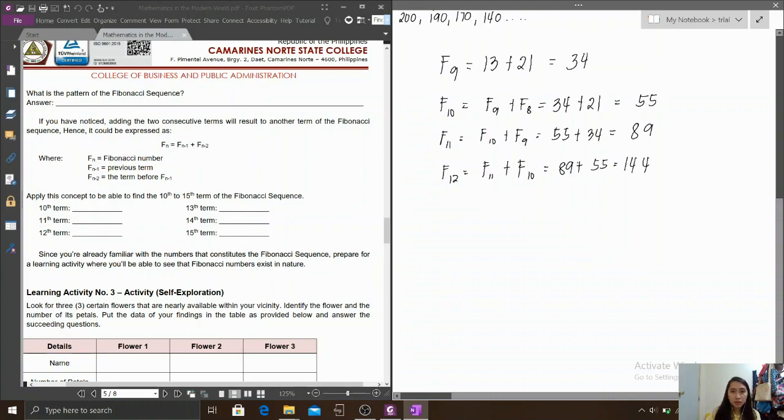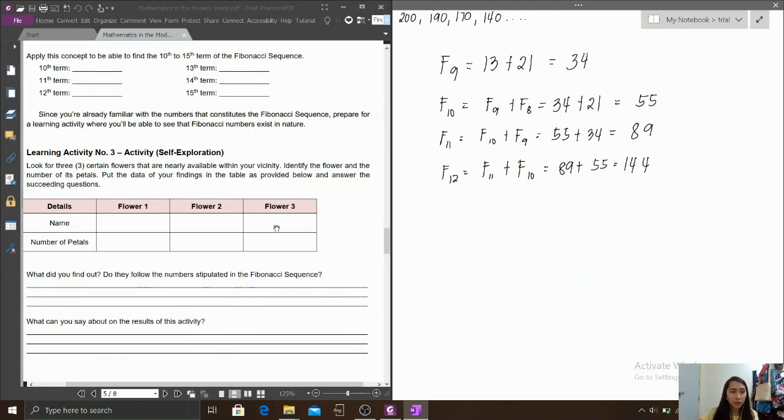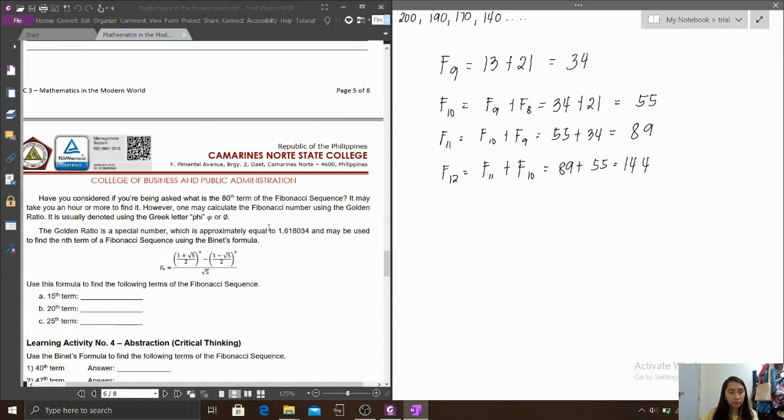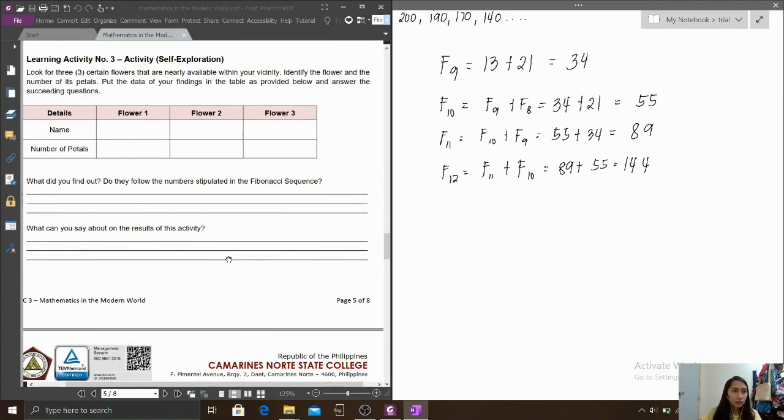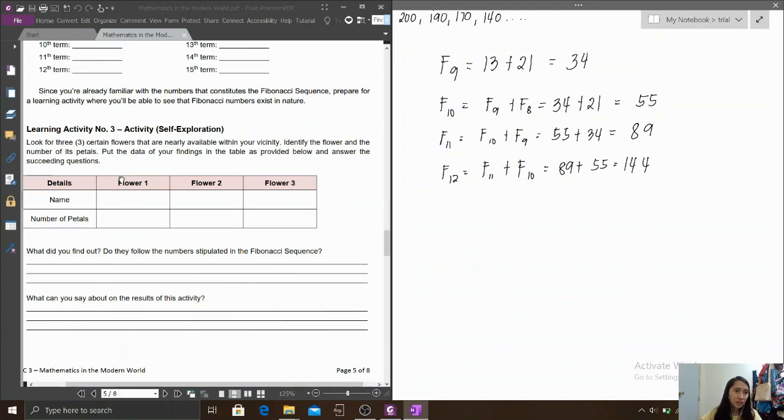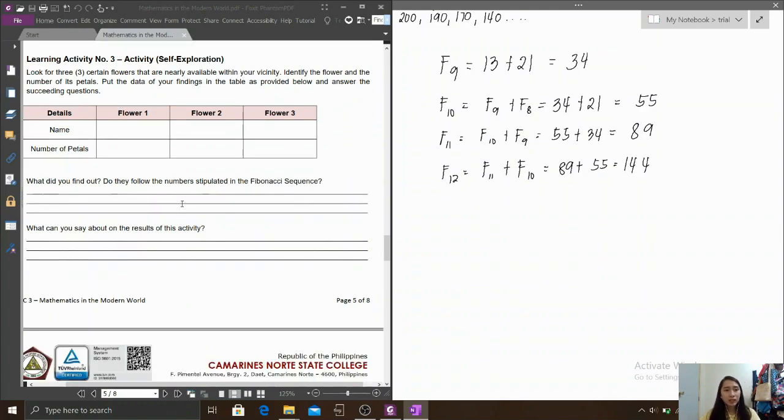So on. So, you can try to solve for the 13th, 14th, and 15th term on your own. So, you can now proceed to answer learning activity number 3.